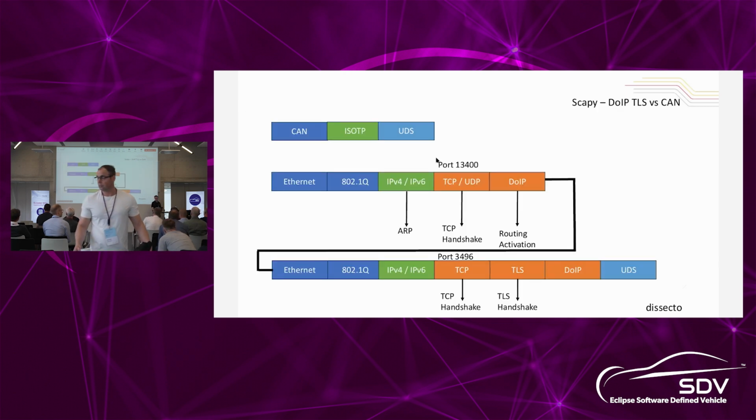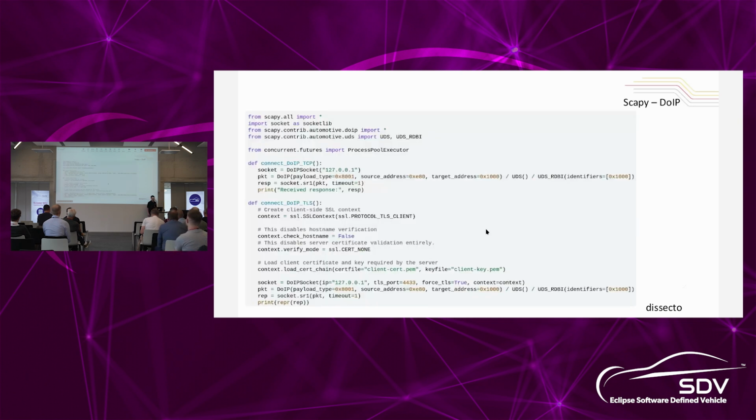So it will try to reach port 13,400, then close the connection, and then try to do a TLS handshake with the ECU without us needing to build any packets. The additional code here is just loading in the certificate. Depending on the ECU, this is not needed.